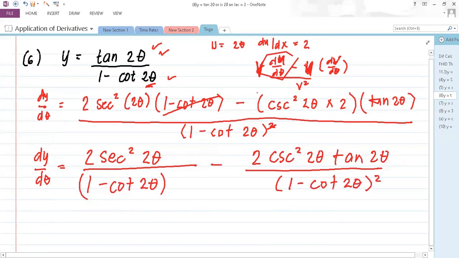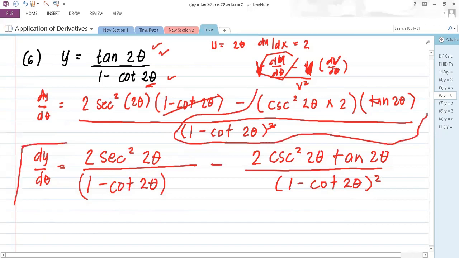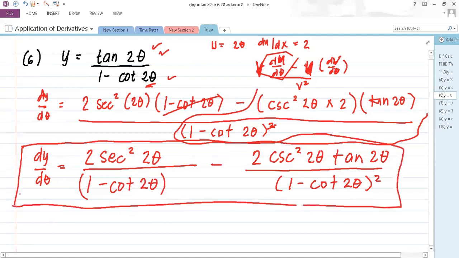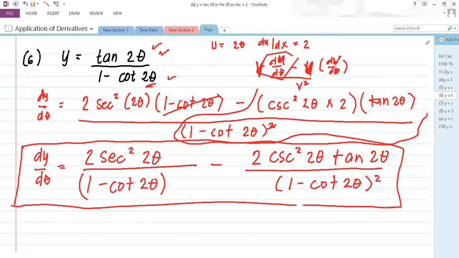Okay, so walang magka-cancel dito. Pagka dinivide nyo ito, walang magka-cancel. So ganyan pa rin yung equation. Okay, so this will be now our answer for problem number 6. Okay, so we have applied the quotient rule here in number 6.